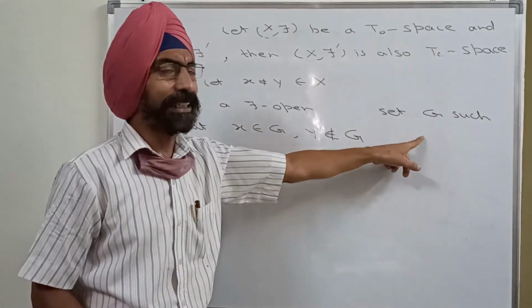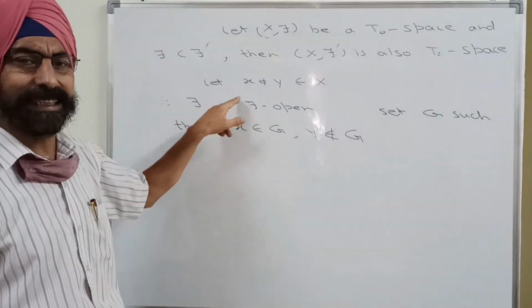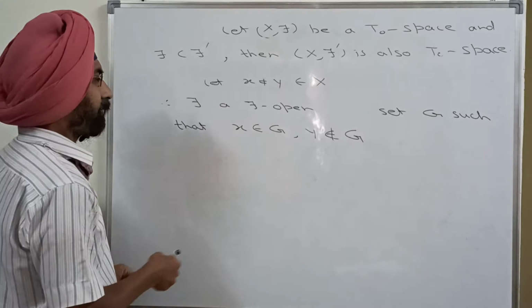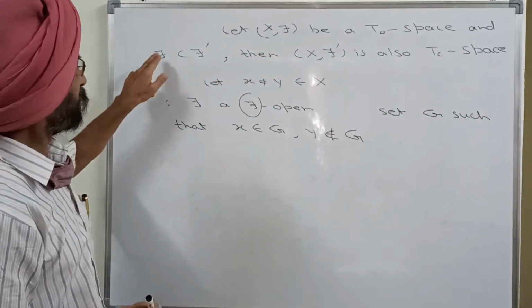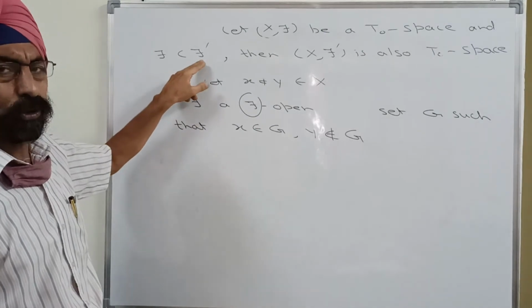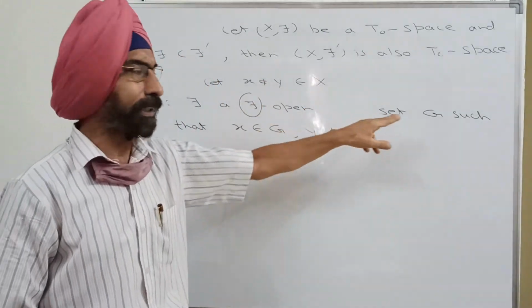Therefore, G is also a tau dash open set. So I am rewriting this sentence, the last one, using tau dash here. Why? Because every tau open set is tau dash open. So tau open set G is also tau dash open set G.